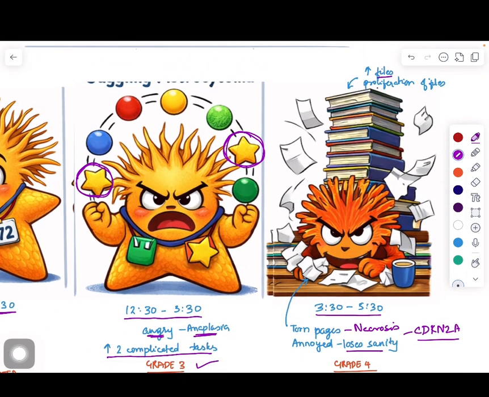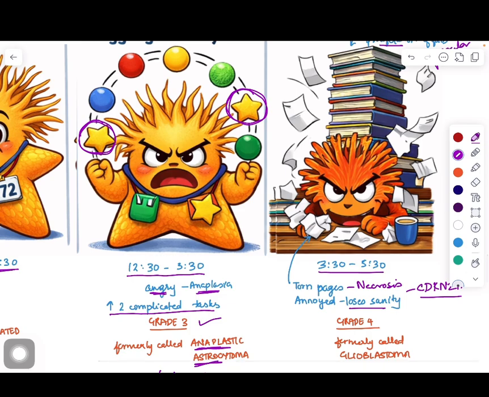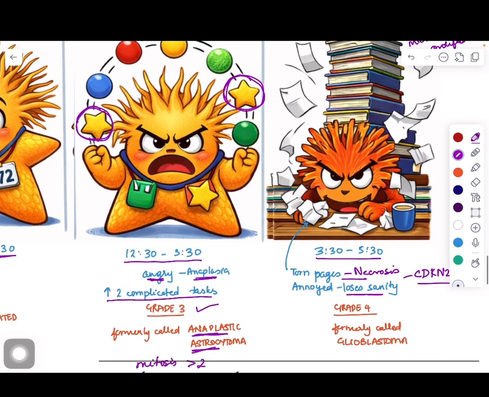The files are proliferating, and this is nothing but microvascular proliferation. So the torn pages are necrosis, and the astrocytoma is annoyed and loses sanity. From sanity, we will remember CDKN2A mutation. I have already said that when CDKN2A mutation is present, irrespective of the histology, this directly becomes grade 4.